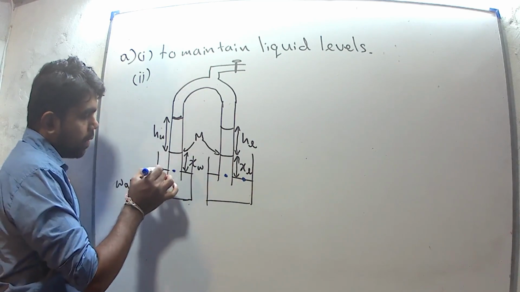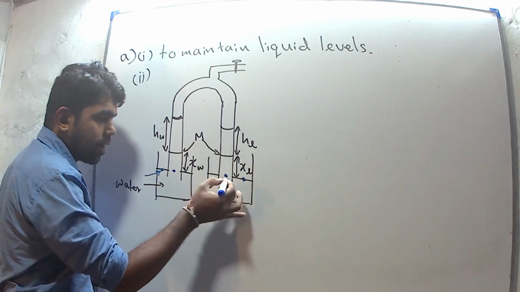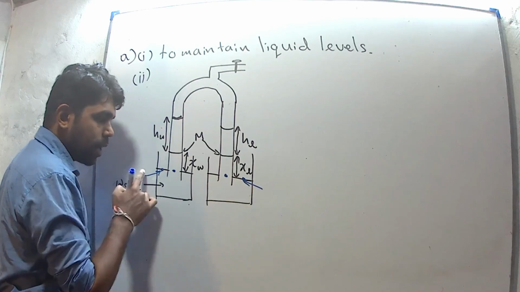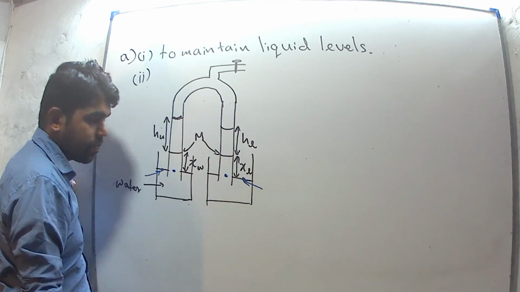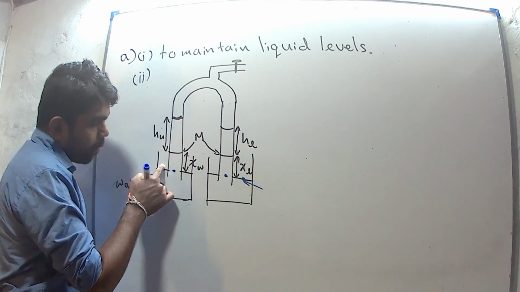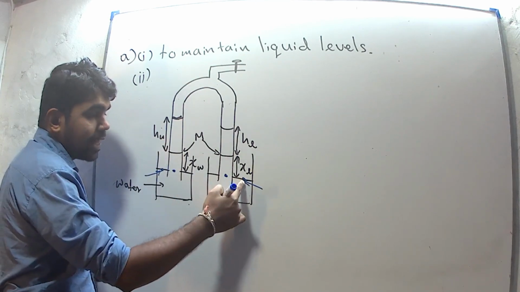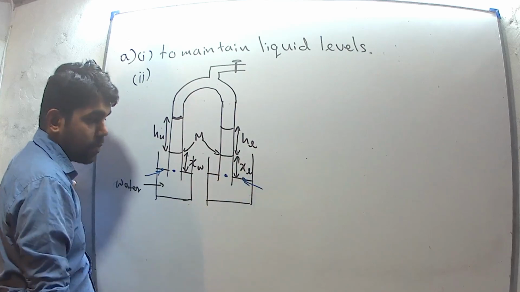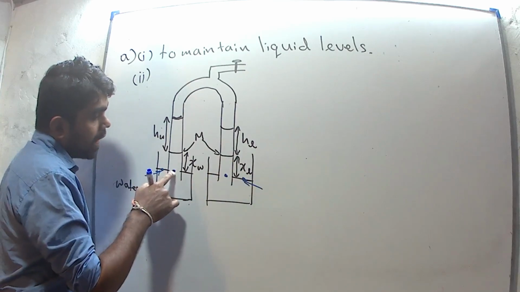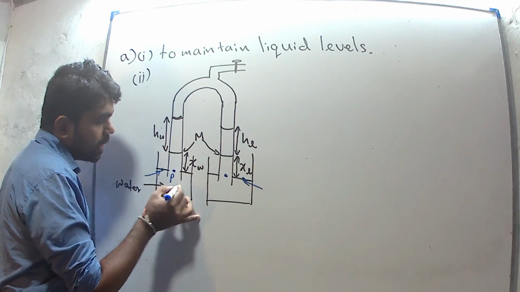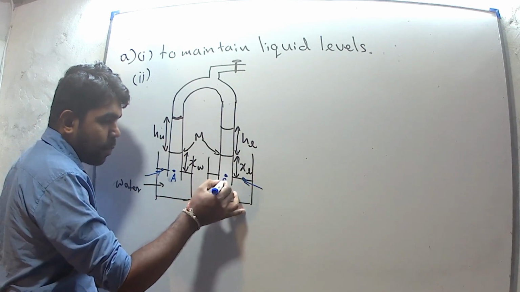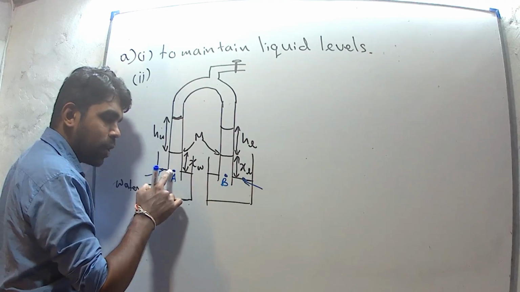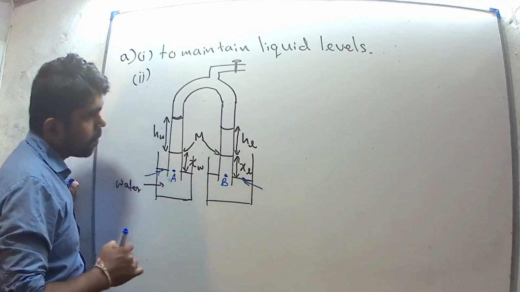But the pressure at this point equals the pressure at this point because both points are at atmospheric pressure. This point is open to the atmosphere and this point is also open to the atmosphere. Then we can equate the pressure at point A and the pressure at point B. I have considered this point as A and this point as B.